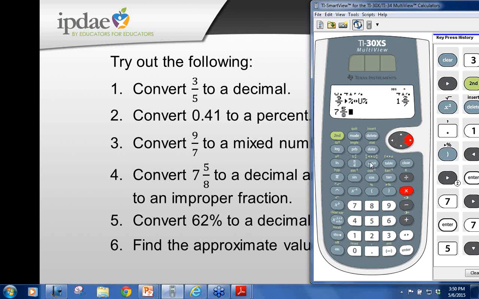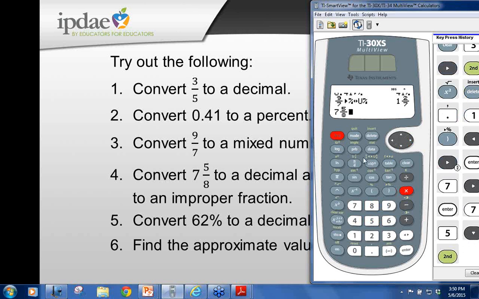We're going to press the same button right here, second 10 to the n. Even though this is not a proper fraction or an improper fraction, this is both ways. So it will automatically detect what type of fraction it is, and it generates the opposite. So if you got a mixed number, then it will put it in improper fraction format.